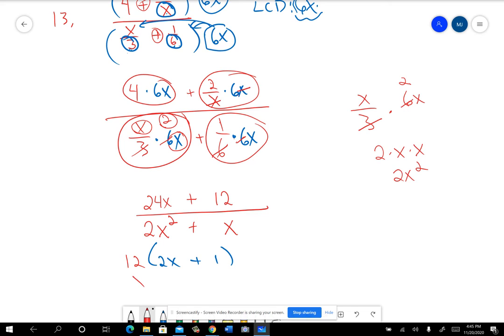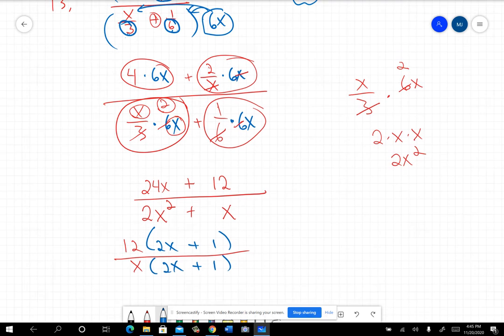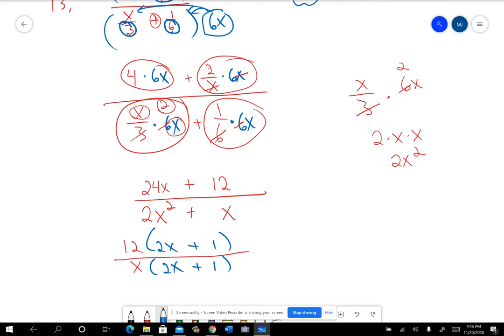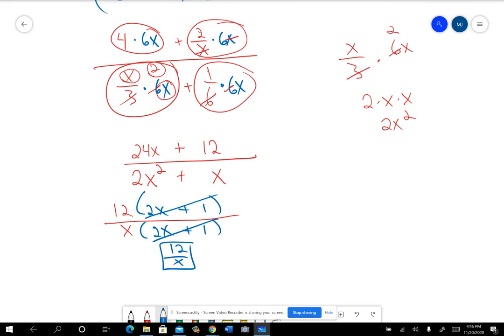Down here, when you pull out the x, you have 2x plus 1 left. The 2x plus 1s are going to cancel. They'd be equal to 1. So this one winds up being 12 over x. And don't think that you could cancel out the 24x and the 2x squared to get 12 over x. That's just a coincidence. So that's your final answer.